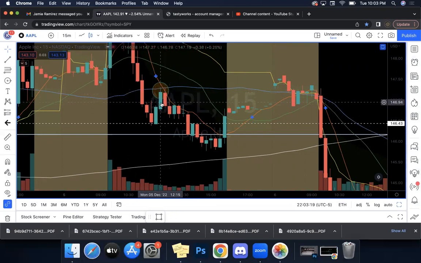So after this green one, this tweezer top got in. Why? Action happened at the top right here at this price action, right on the moving average. This is my 50 EMA. We got 147 rejection on Apple, straight down to 146, and you could have just held it all day.